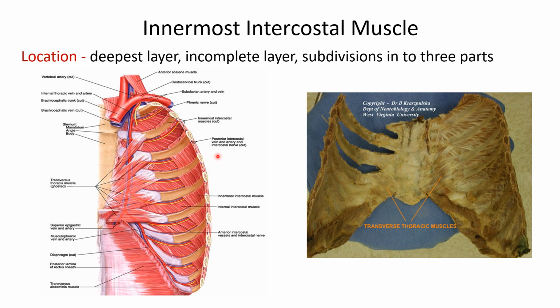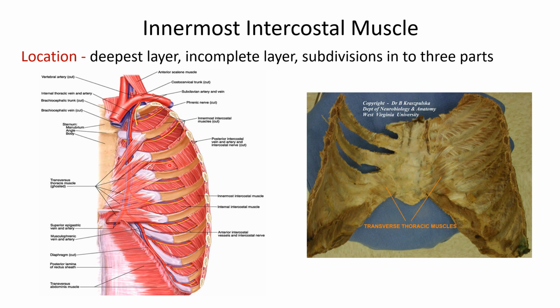In this picture, you can observe the transversus thoracis muscle going towards the costal cartilages of 2nd to 6th ribs. This is the one, and you can see the other muscles, the innermost intercostal muscle and the internal intercostal muscle. You can also see the structures that are running in the intercostal space.